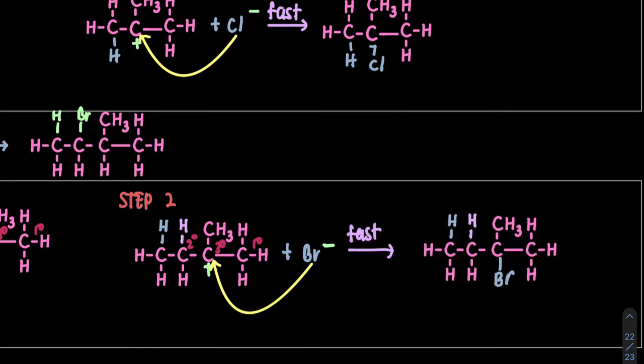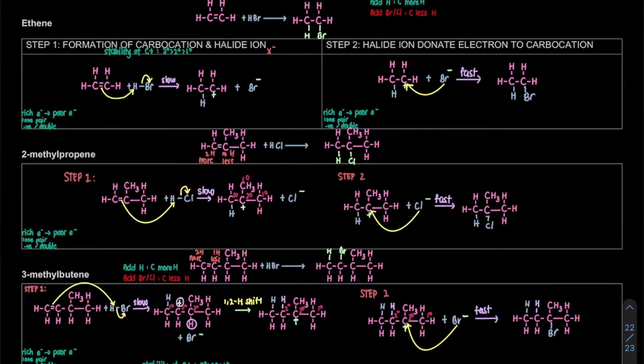Okay, so this is our product. When we look at our equation, it seems different. So which one is the correct one? The correct one is the one from the mechanism, because we have the hydride shift here. So again, if you're a bit unsure, you can look at the rearrangement.